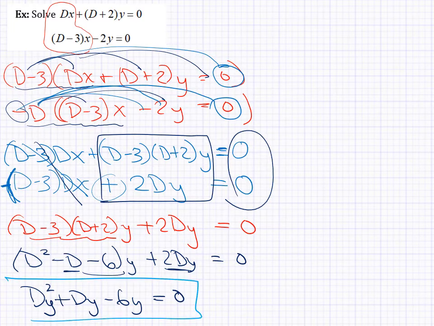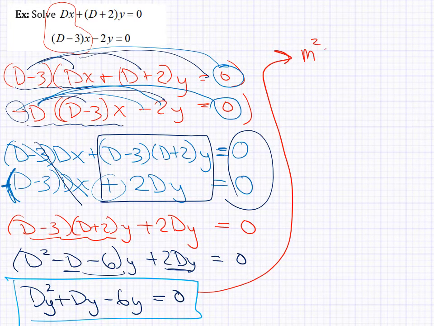Notice that this is a second order linear differential equation with constant coefficients. So in order to solve that, I use my auxiliary equation, which would be m squared plus m minus 6 equals 0. I could solve that by factoring, in which case I would have m plus 3, m minus 2. That would give me the plus m and the minus 6.